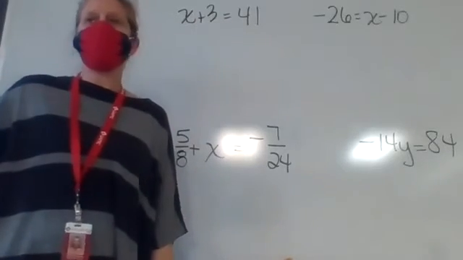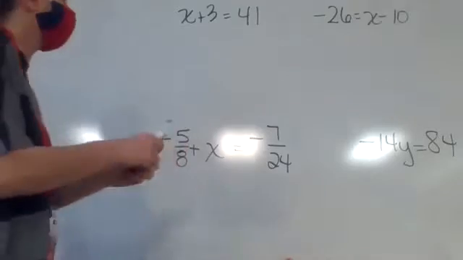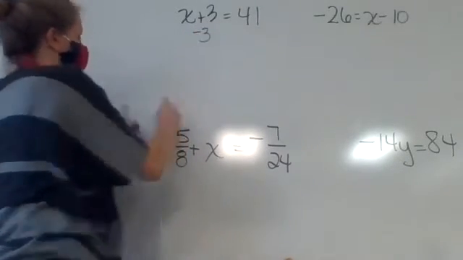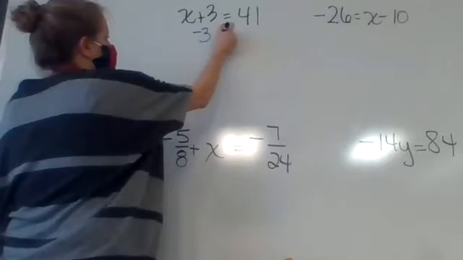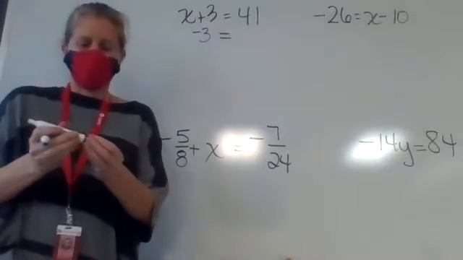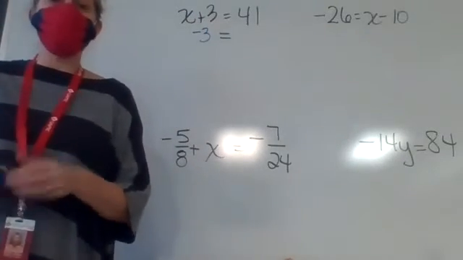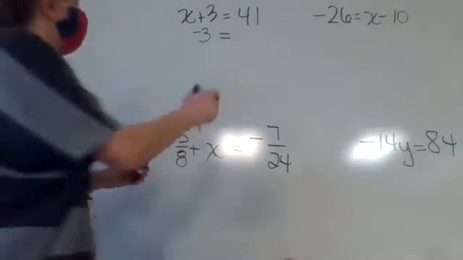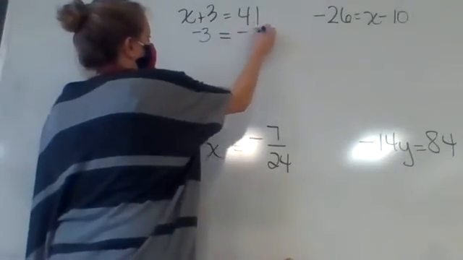What's the opposite of adding 3? Subtracting 3. Good. Now, what is the number 1 rule of any equation? If I do it to one side, what else has to happen? Do it to the other side. That's exactly right. Whatever you do to one side, you have to do it to the other side. So I'm going to subtract 3 over here also.